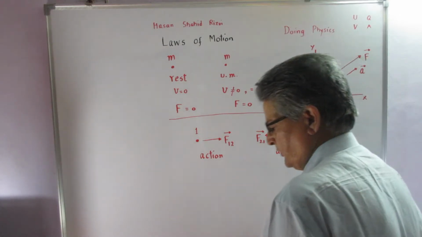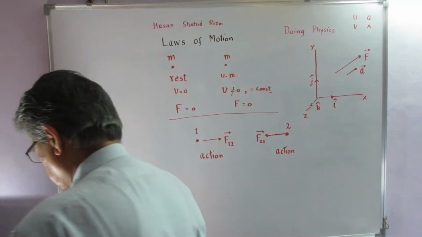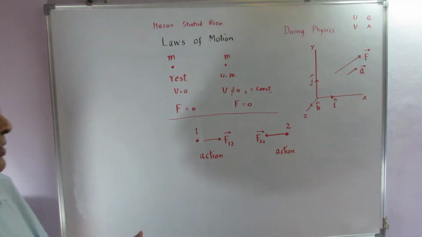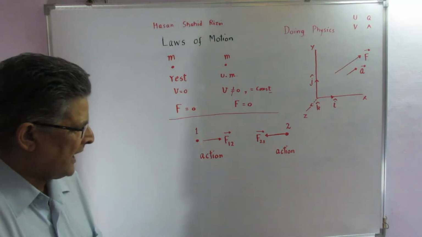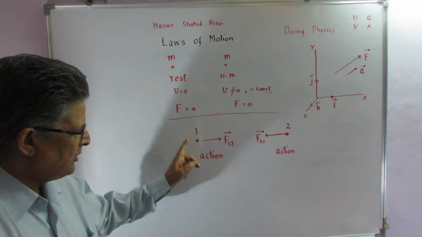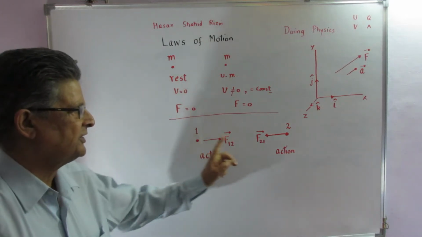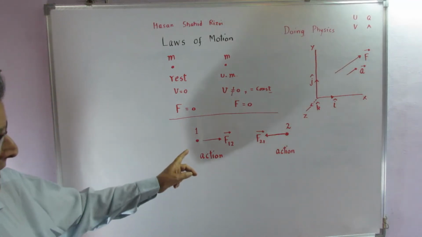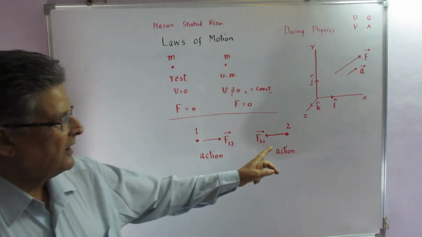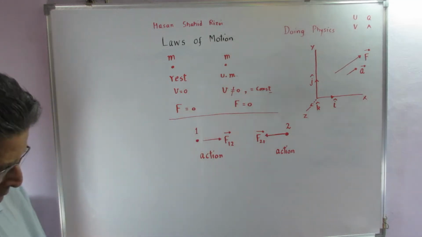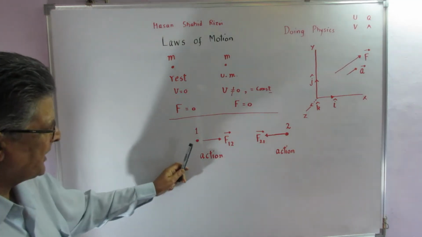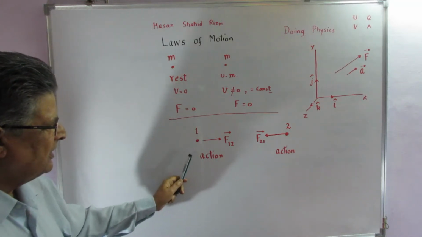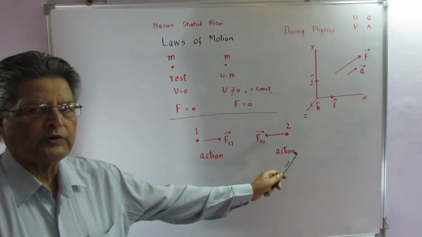And if there are two observers, me and you, and I look at this body and say that there is an action on this body by the second body, and I say, look here, look at my finger, I look at this pen, I'm saying that to every action there is an equal and opposite reaction.